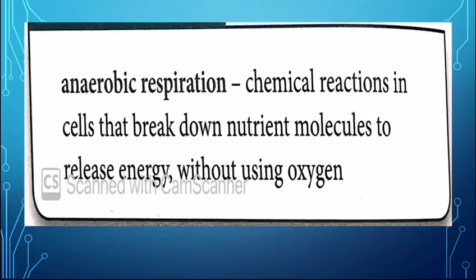Usually it is for a short period in plants and human life. For a short period of time they respire anaerobically when there is lack of oxygen for some reason. But in some organisms like microorganisms, they usually respire by anaerobic respiration.